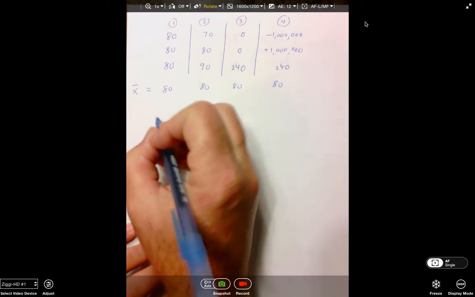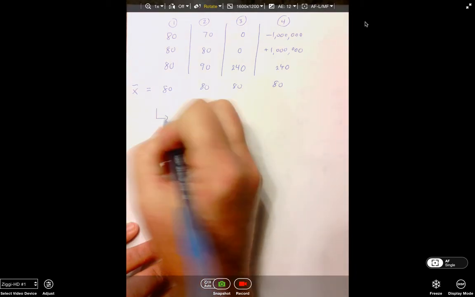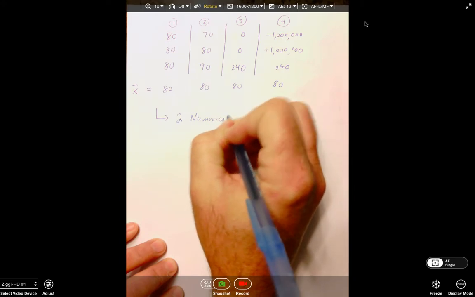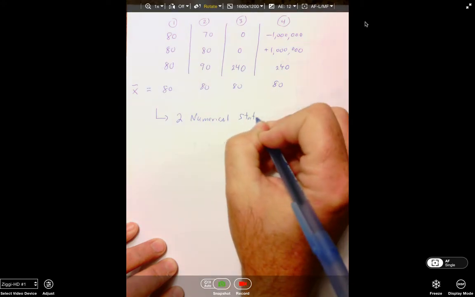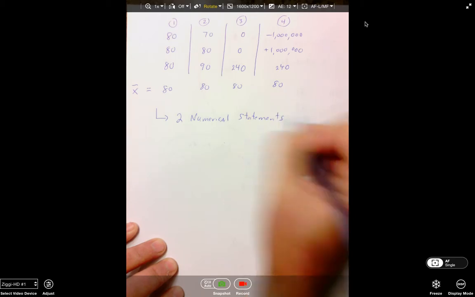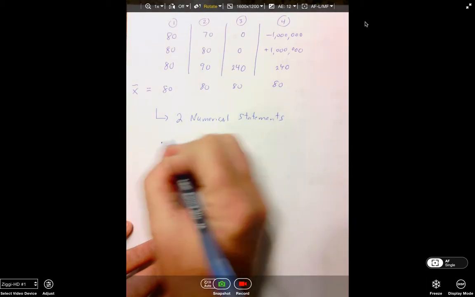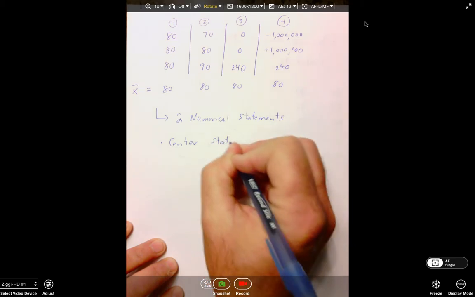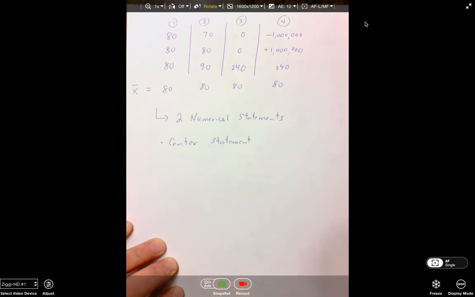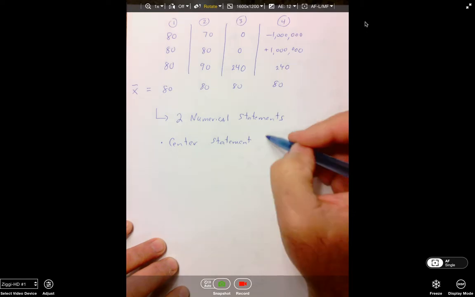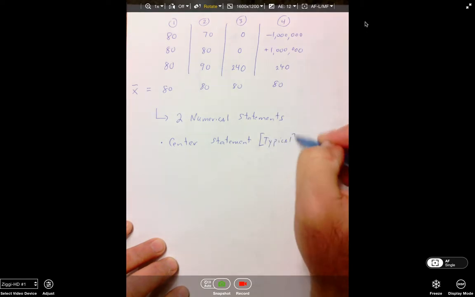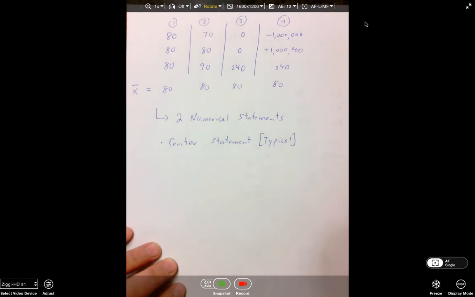So guys, in statistics, we have to make 2 numerical statements. We need to make a center statement, and what a center statement does for us in statistics is it kind of gives us a typical score.